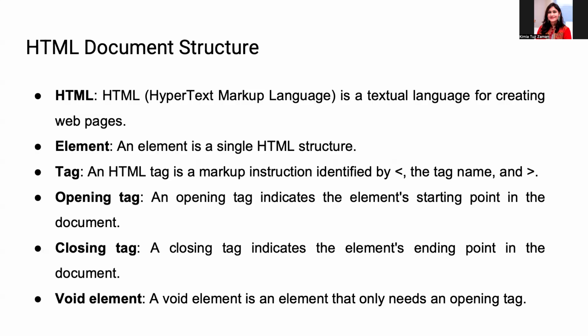It's what tells the browser that the element is finished. Finally, we have something called void elements. These are special because they don't need a closing tag. For example, an image tag just exists on its own. There's nothing to wrap inside it. These are the core of HTML structure. They all work together to create the page structure.